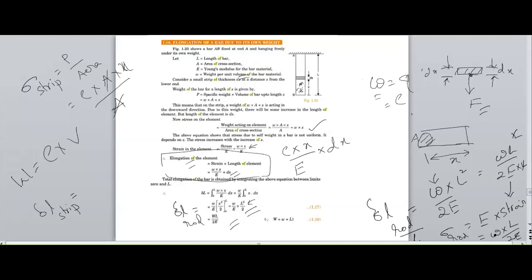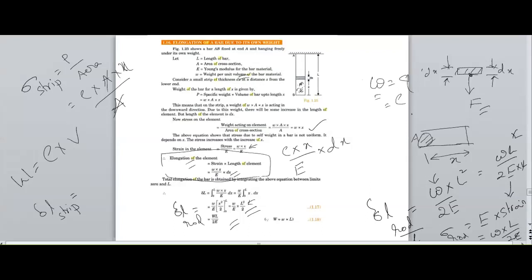Therefore, we will get rho into L by 2. That is the stress in the body when it is self-loaded, that is, its own weight is considered on the body. So that is the derivation we had derived in the previous class.